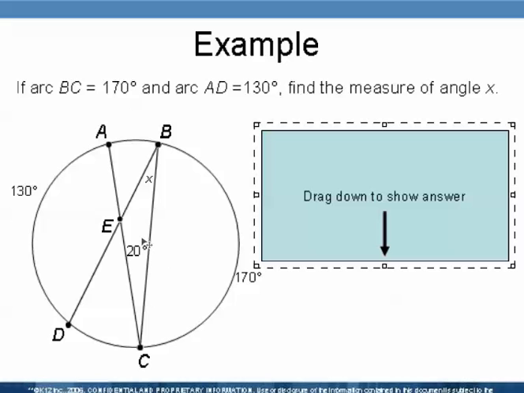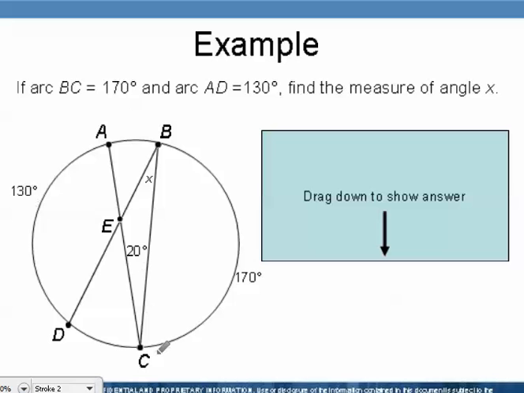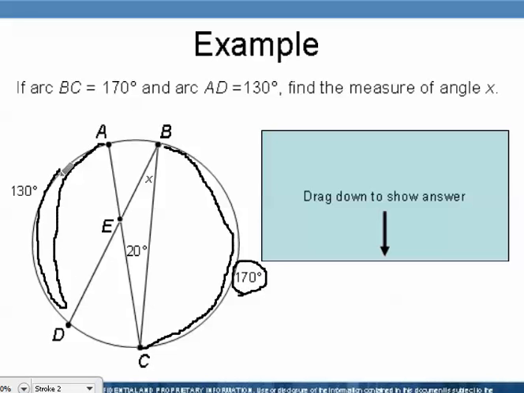Let's try another one here. This one says if arc BC, which is this arc going this direction, is 170 degrees, and arc AD, this arc going this way, is 130 degrees, find the measure of this angle, x.